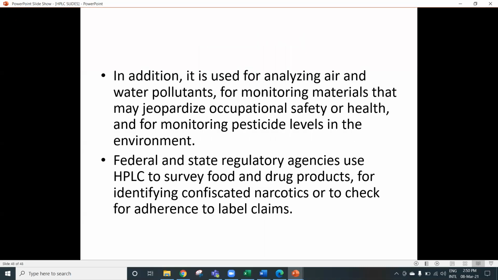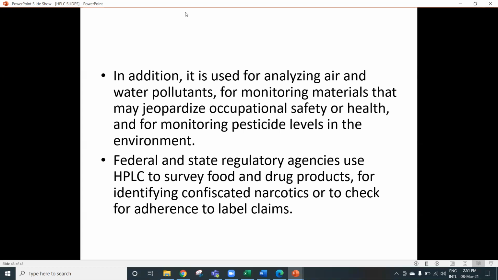In addition to being used for analyzing air and water pollutants, HPLC is also used for monitoring pesticide levels in the environment. You can use it to monitor some pesticides and also drugs of abuse.